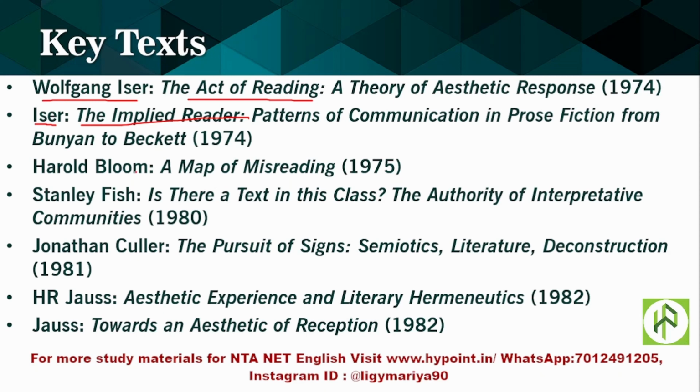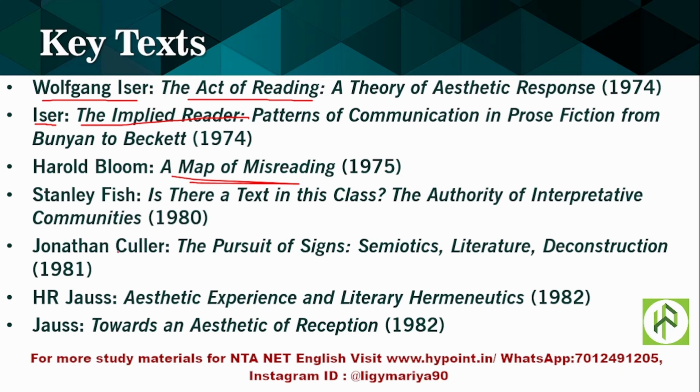Harold Bloom came up with a work known as A Map of Misreading, published in the year 1975. Stanley Fish, another work by him, Is There a Text in This Class? The Authority of Interpretive Communities, published in 1980.